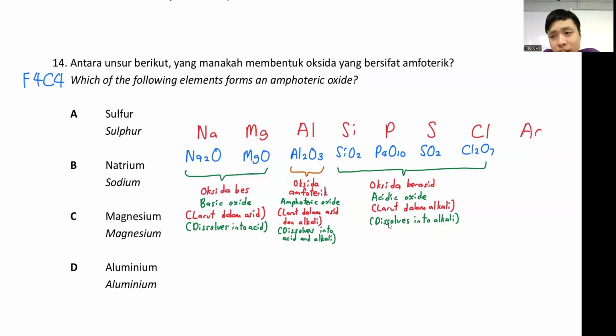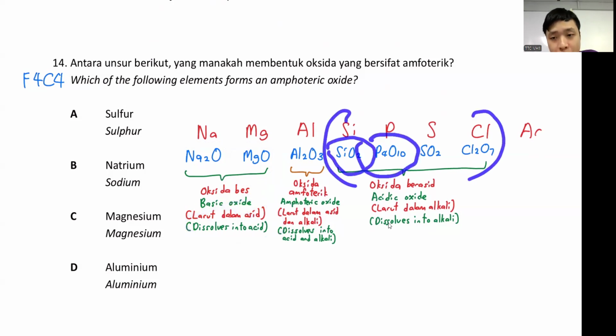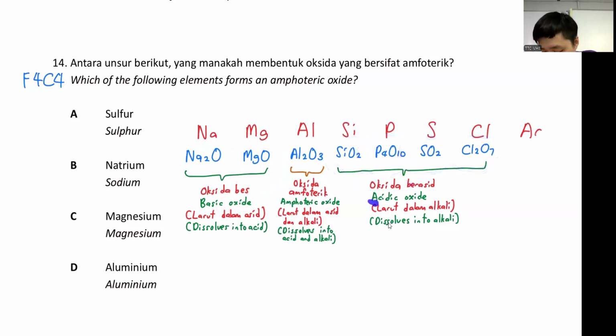Basic means has alkaline properties. Mempunyai sifat kealkalian. So we call it oxida bes. This basic oxide can dissolve in acid. And these 4, silicon dioxide, phosphorus pentoxide, sulfur dioxide, dichlorine heptoxide, all these are called acidic oxides.